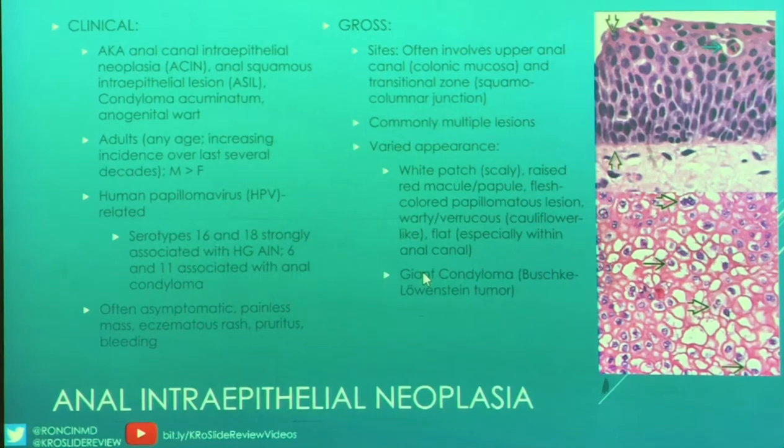Often the patients will have multiple of these, and there's a whole bunch of different appearances. They can be just a white patch, or a red macule or papule. Most commonly we see a flesh-colored papillomatous or cauliflower-like lesion. And again, if you're looking at something within the anal canal, it's most likely to be flat.